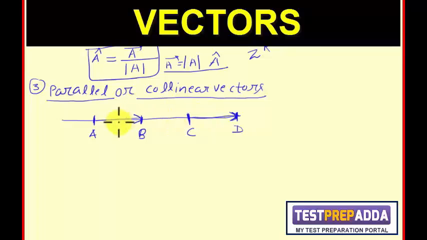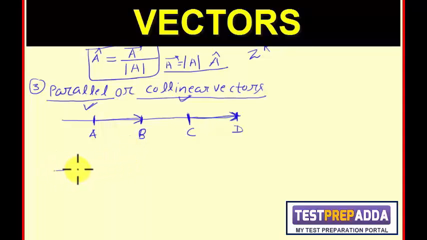They have same direction. Two vectors will be considered as parallel or collinear if they have same support line or parallel support lines.